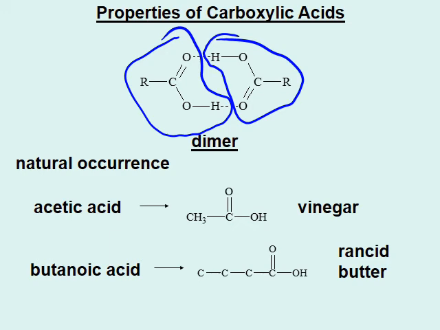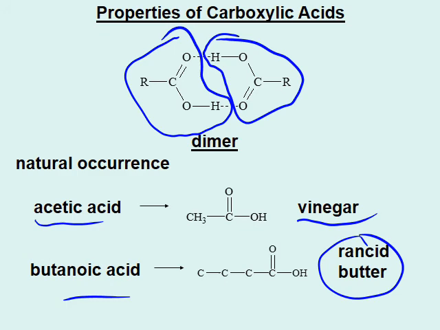Now, I would like to give you some idea about the sources of acetic acid. In vinegar, you get acetic acid. Butanoic acid, when butter gets bad, you'd find butanoic acid.